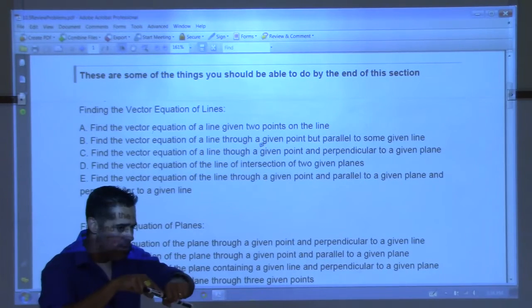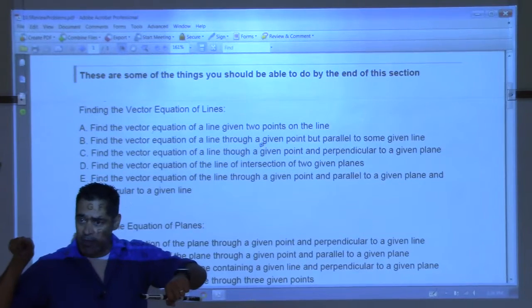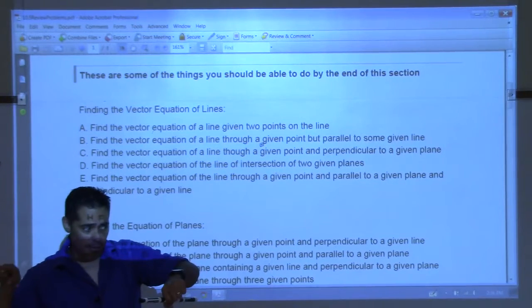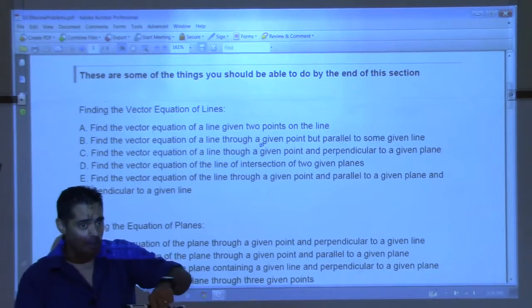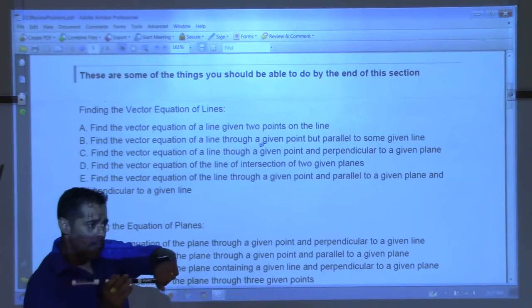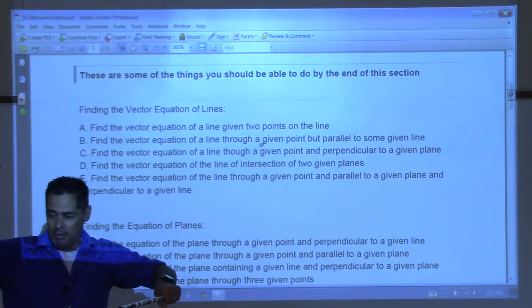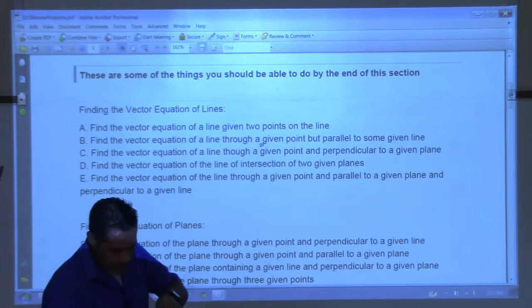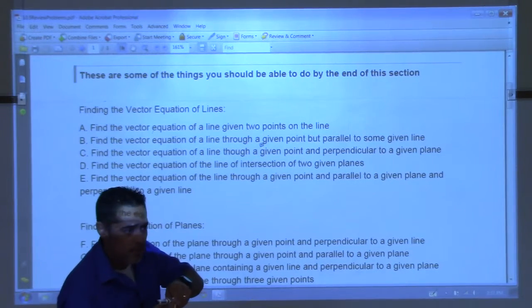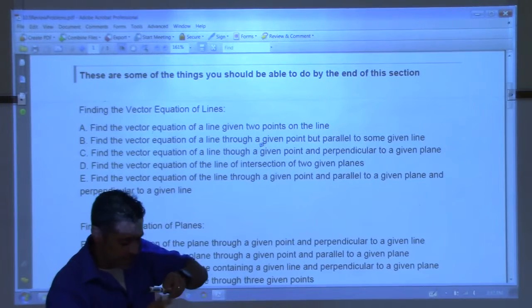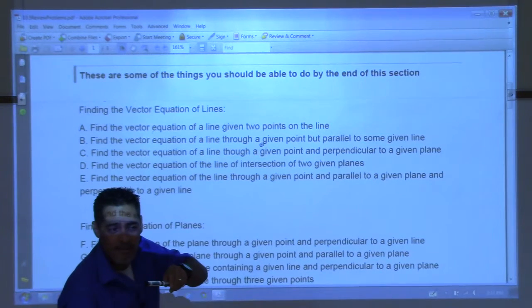The direction of our line must be perpendicular to the direction of that line, right? So the V we're looking for has to be orthogonal to this V, right? Okay, but we have to be parallel to this plane, which means the direction of our line has to be what to this plane?